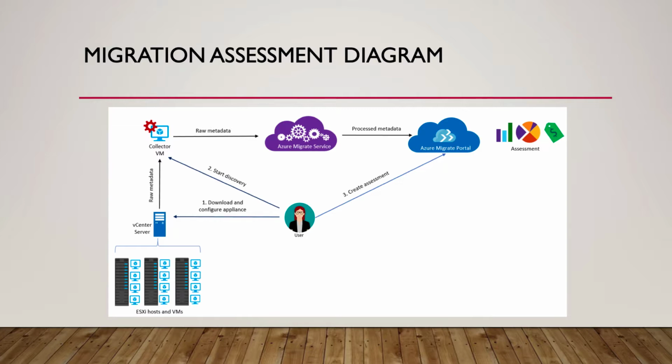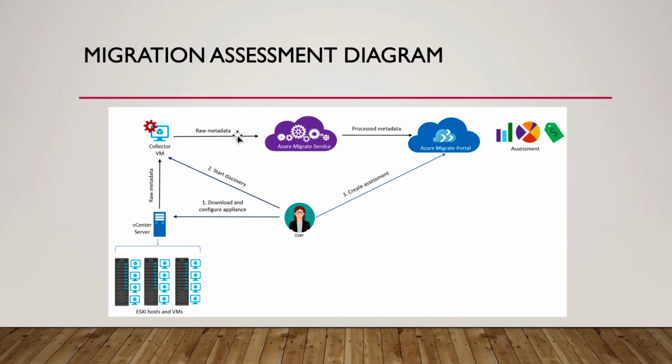So let's take a look at this diagram. As you see, you have your collector VM over here, which sends the raw material to the Azure Migrate service, which then processes the metadata to give you the Azure Migrate portal report, and here is where you get your assessment. So basically it's simple.